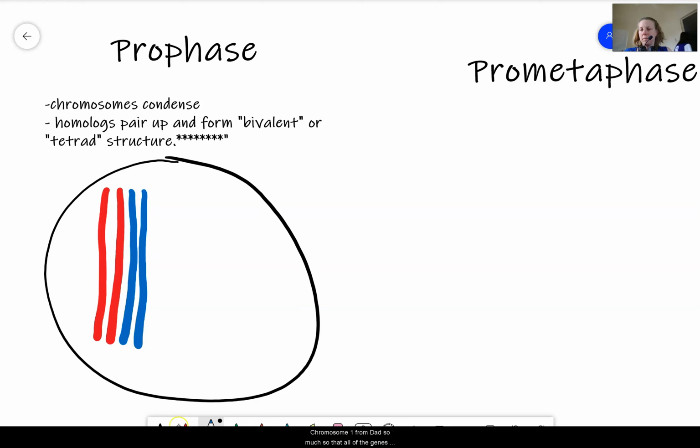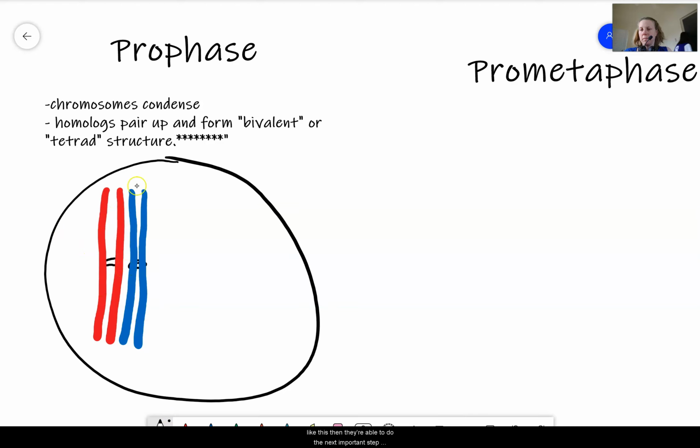So much so that all of the genes that are along these chromosomes, like the eye color genes that I was talking about earlier, all of those genes are going to be paired up immediately and right next to each other.